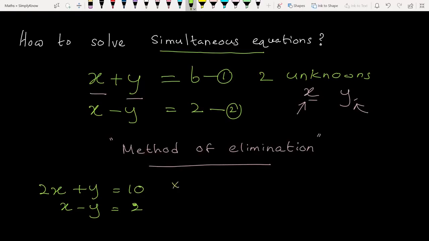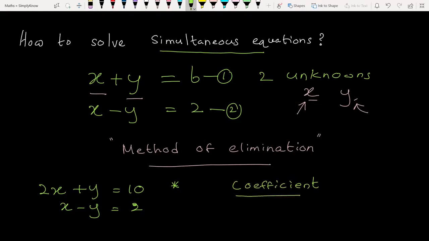Now, in this case, you need to select the unknown that can be easily removed. So, which unknown can we easily remove? Now, remember, for us to easily remove one unknown from both equations, we need to select the unknown that has the same coefficient in both equations, regardless of the sign.